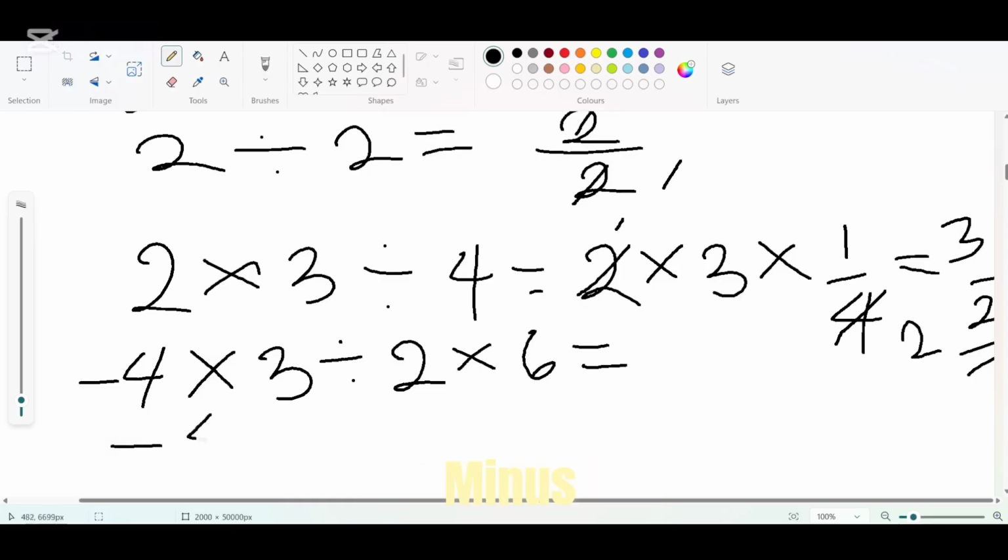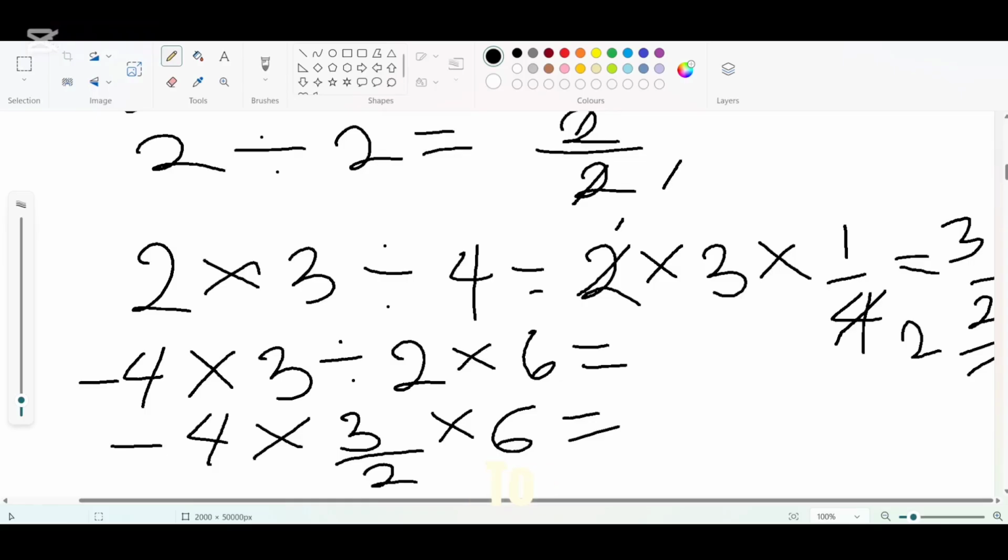So it's going to be minus 4 times 3 all over 2, right? So times 6. So that's also another way to go by it. Just go division. So at this point, you can now cut. So 2 can cut 4 here, or it can cut 6. Any even number there, it can cut it. So it will be 2.